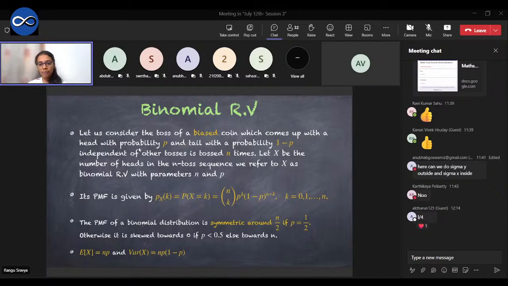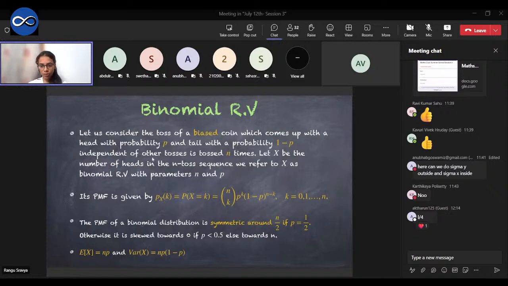So nCk into k heads, each head can occur with probability p, so p^k, and n minus k tails, each tail can occur with probability 1 minus p, so (1 minus p)^(n minus k). So this is involving some binomial terms and hence called as binomial random variable. So this is the PMF of binomial random variable.